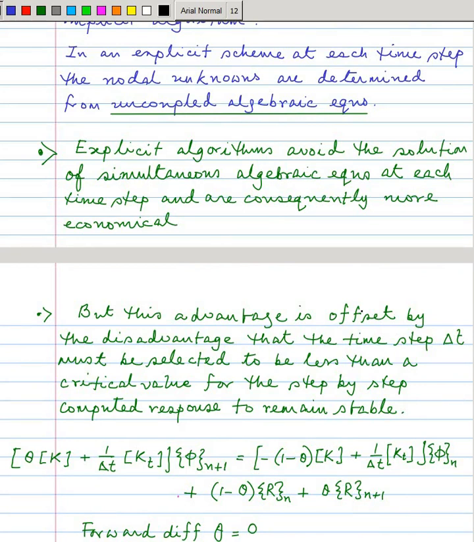So the time step which you can use for explicit schemes is much smaller than what you can use for an implicit scheme. So here, though you avoid solution of simultaneous equations at each time step, you have to use many more time steps, and your computational advantage is thus offset.